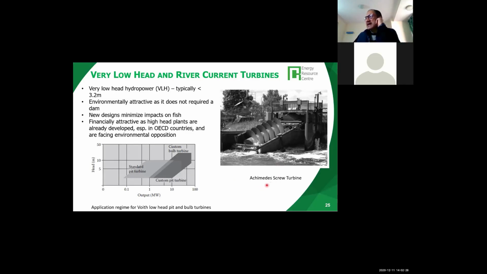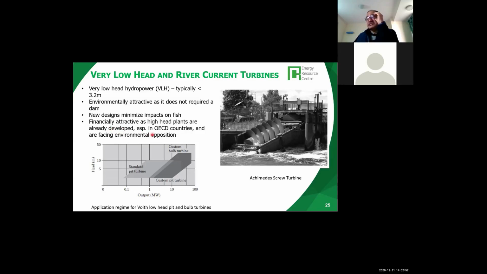One example is the Archimedes screw turbine, where it basically uses the velocity of the water current to generate power, and these are for less than 3.2 meter head. It's environmentally attractive because it does not require a dam, and it also has minimum impact on the fish.